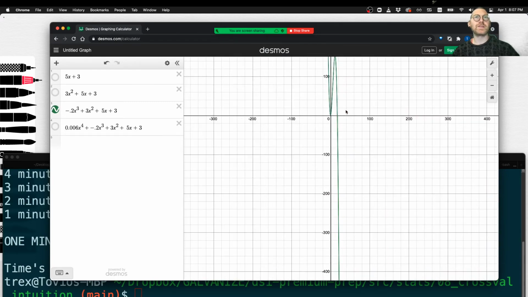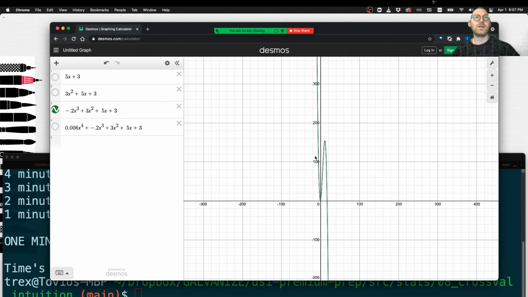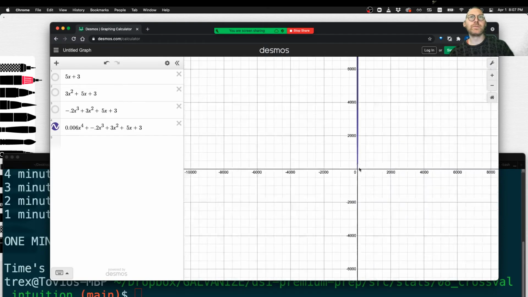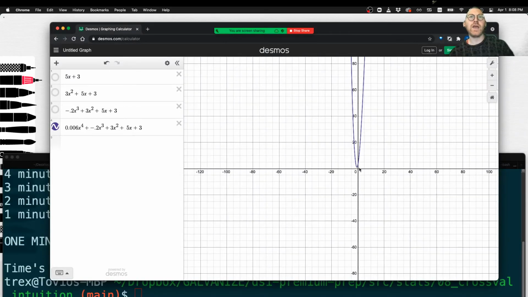Now, consider this, right? Consider that this order 3 polynomial has two curves in it. And I just want to point at this. This order 3 polynomial, to the third power, has two distinct curves in it. This one just has one. An order 2 polynomial just has one. And this order 4 polynomial, well, we're not going to be able to see it here, has the potential for three changes in direction, right?